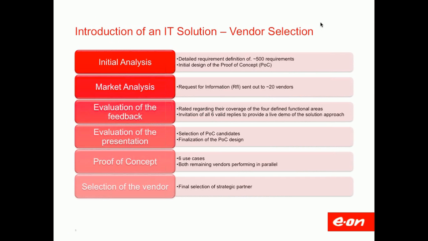Talking of the IT solution, of course, one of the first questions was, are we going to build this solution ourselves, or are we going to ask for some support? Interestingly enough, we had some feedback from inside the organization. Why do we really need an external vendor? Why don't we build a huge Excel database, if you will, ourselves?